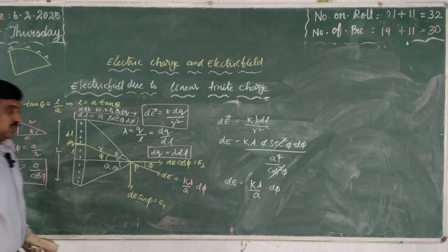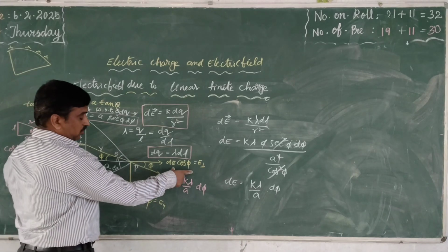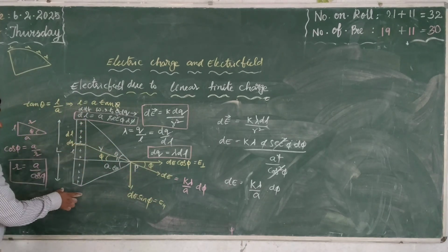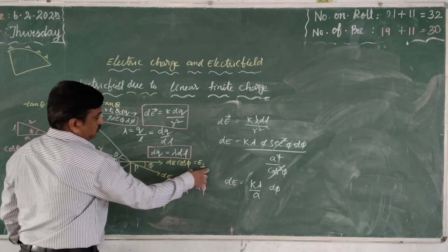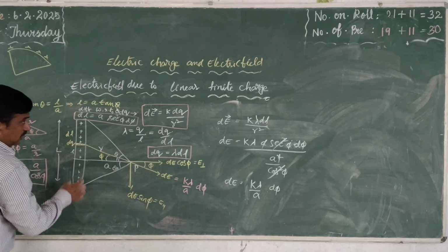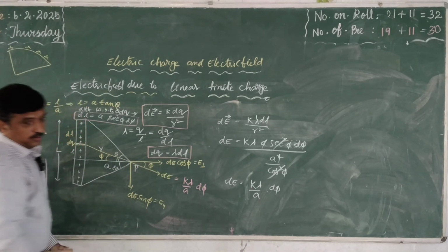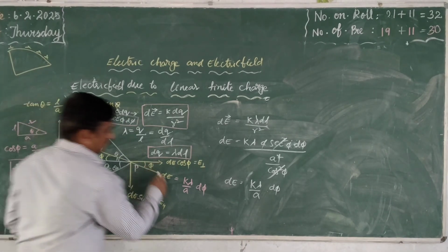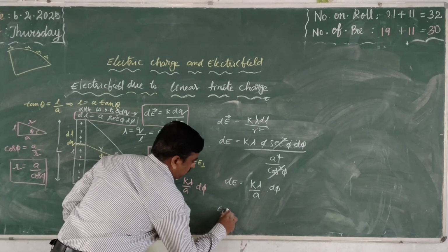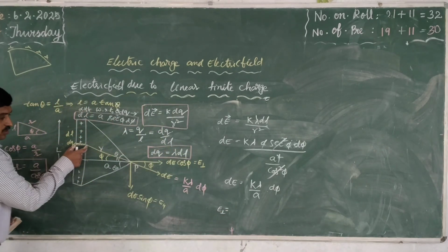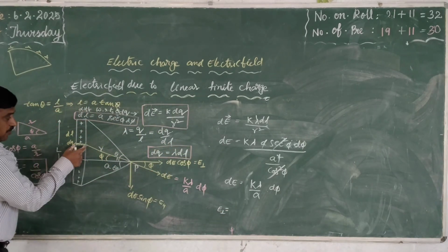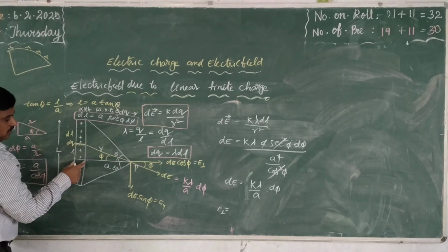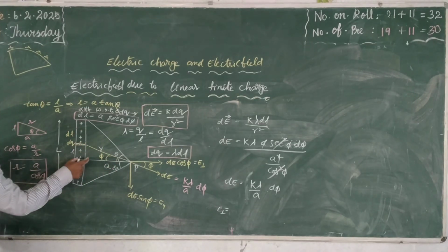After simplification we have two components: perpendicular and parallel to this linear finite charge. Perpendicular is dE cos phi, and parallel is dE sin phi. First we find the perpendicular one. There are infinitely many such dq, from angle theta 1 and from angle theta 2 also.